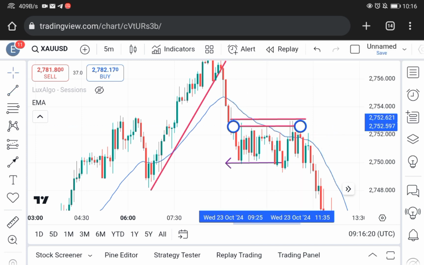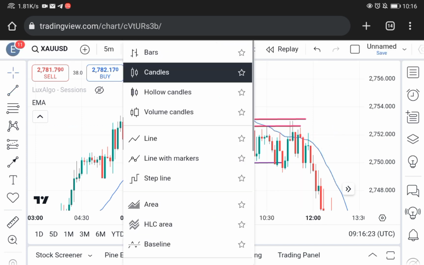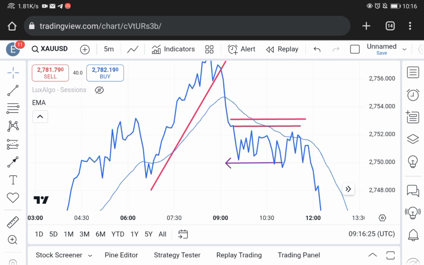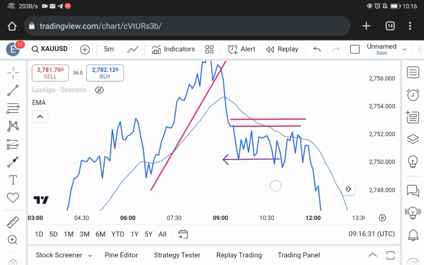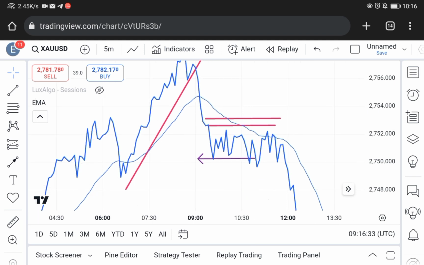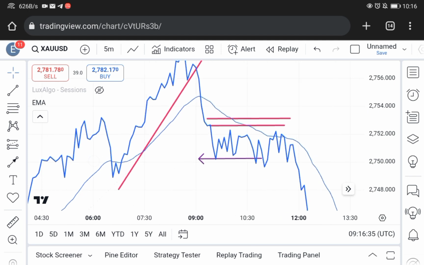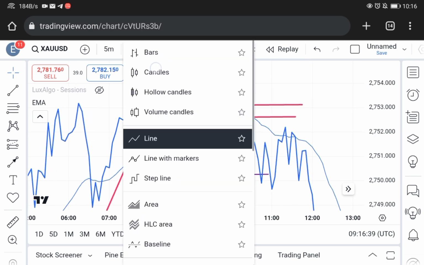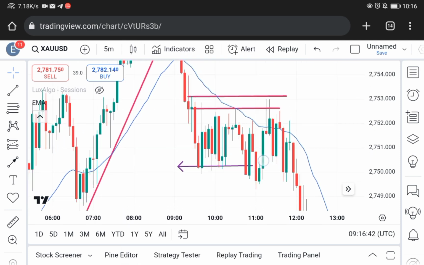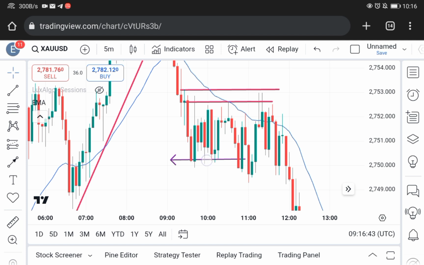If I turn it to a line chart, you can see it created a structure there, and it created a low right there, and it closed below it. This shows you that this market is ready to go down. So that is when you wait for the market to come back to the 30 EMA.